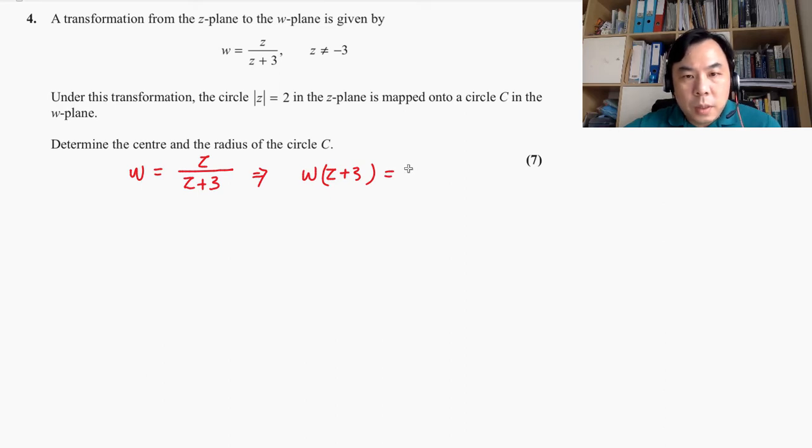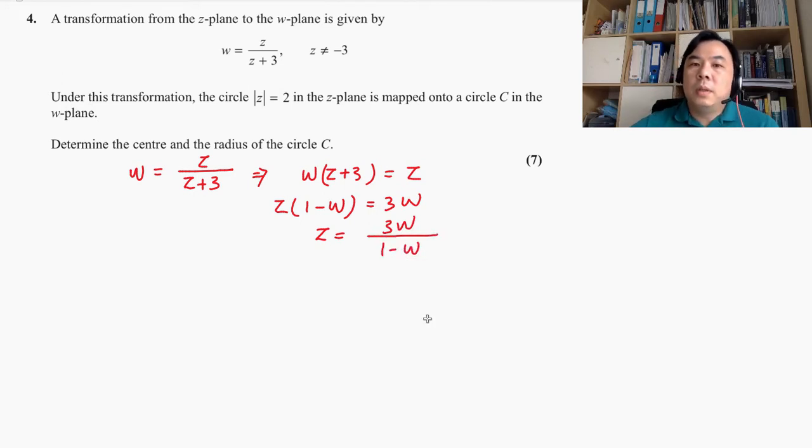After you rearrange this, we can have our z. In this case, it will be 1 minus w, z is equal to 3w here. Therefore, our z is given by 3w over 1 minus w. I hope that is clear.